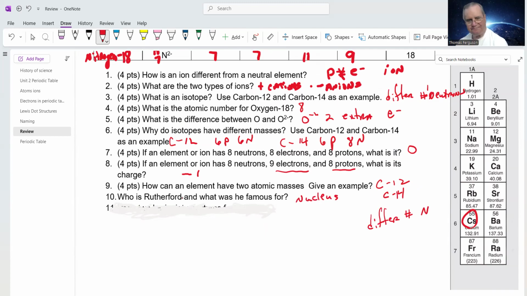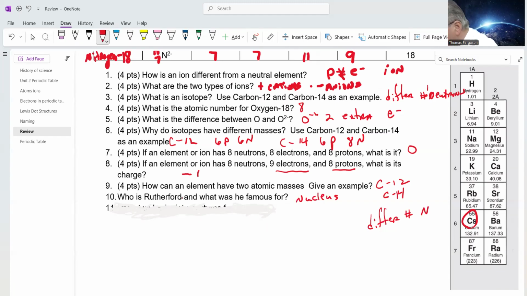He discovered the nucleus. Okay, so those are typical questions I'd be asking regarding particles, the number of particles, isotopes versus ions versus neutral atoms, etc.